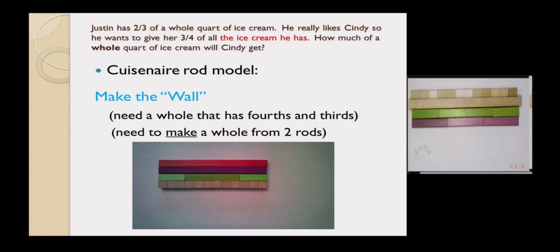That might be better if we had a rod that was all the way across, and for some virtual manipulatives you can sometimes find alternatives to Cuisenaire rods that will allow you to make a single unit that's a 12 rod. Sometimes having two pieces will confuse kids because the whole isn't quite as clear when there's two pieces involved. So we'll leave this here as a single unit and then model the rest of it.